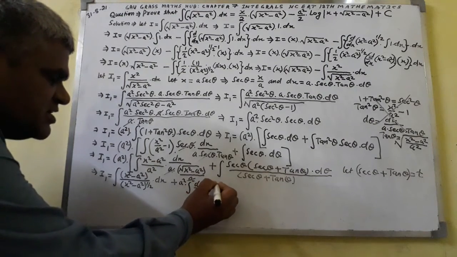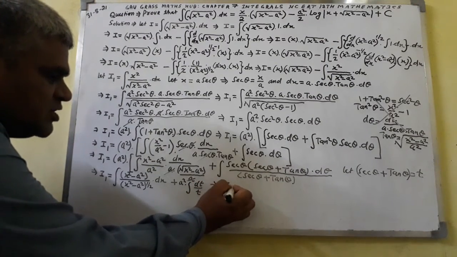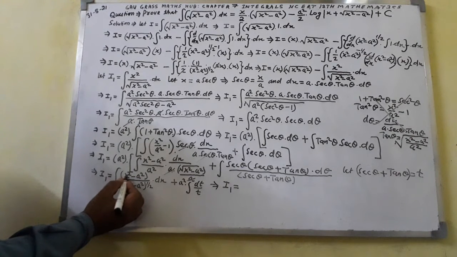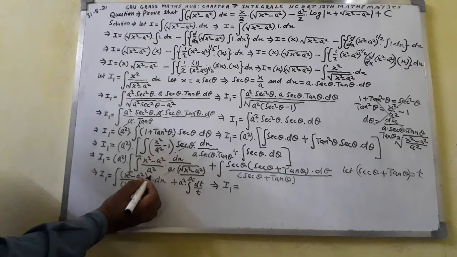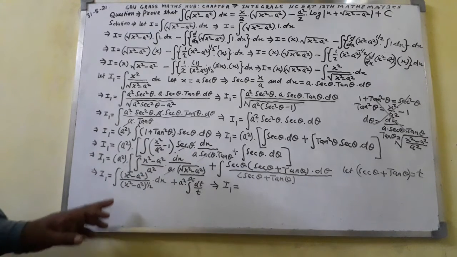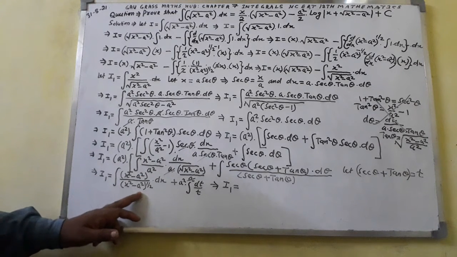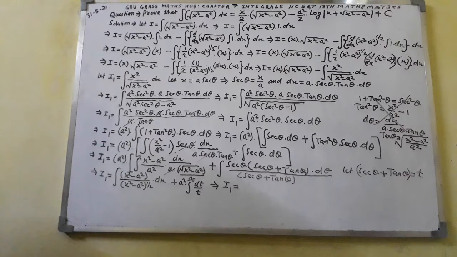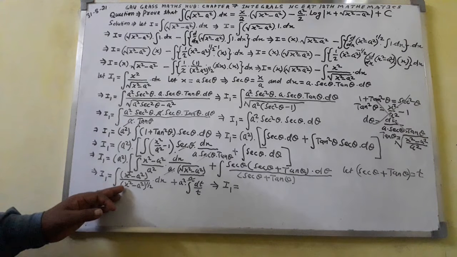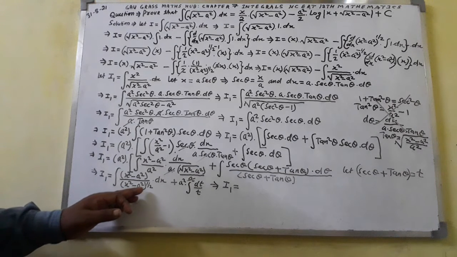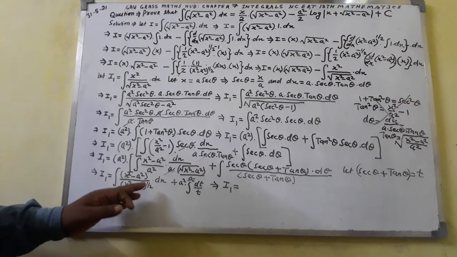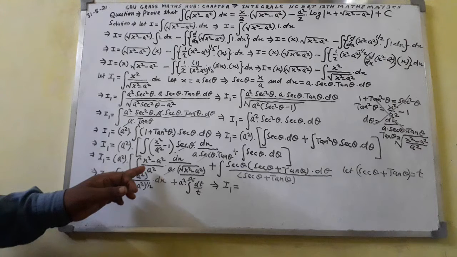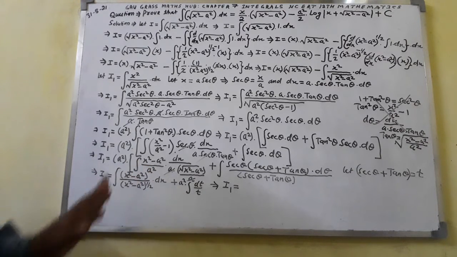Again I shall write, implies that I1 equal to, just think about this, here x square minus a square to the power 1 over 2 will be pushed back to the numerator. It will become x square minus a square raised to the power minus 1 over 2. So here you will get x square minus a square raised to the power 1 minus 1 over 2.